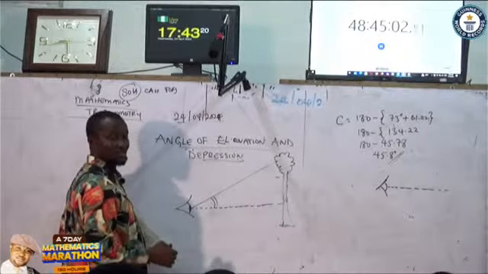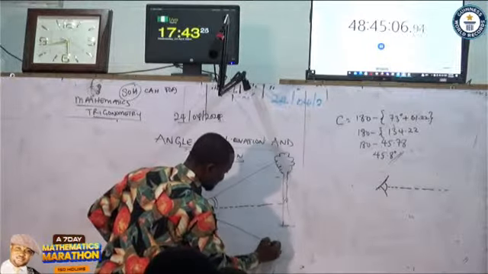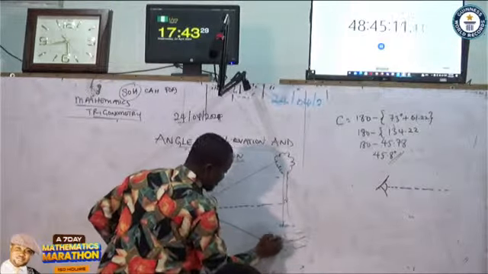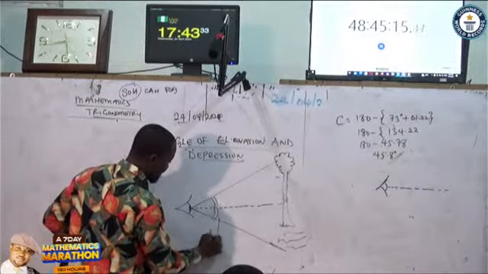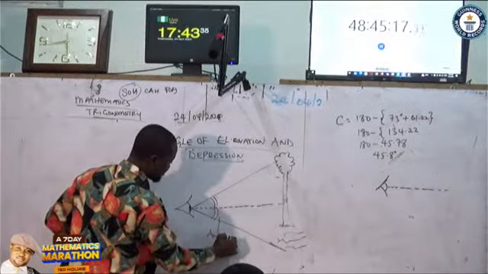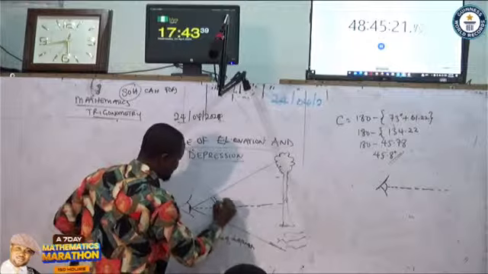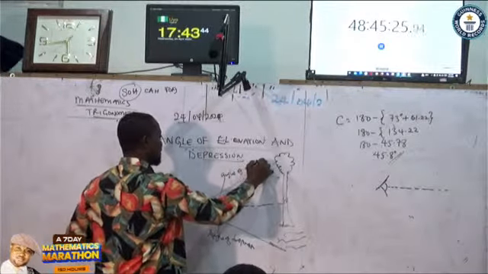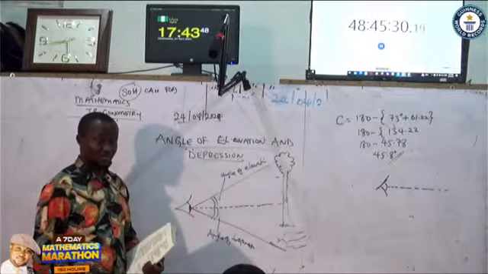If the person is looking at something below his normal eye, maybe inside the sea, he is forming what we call angle of depression. Are you following me? Yes, sir.